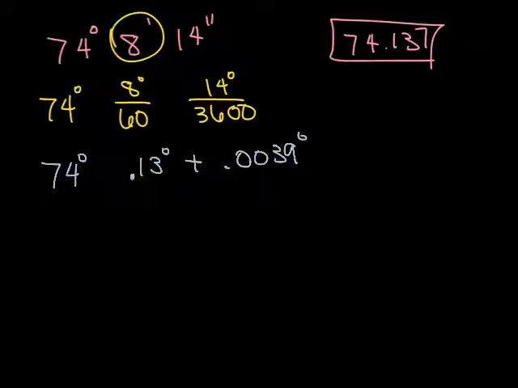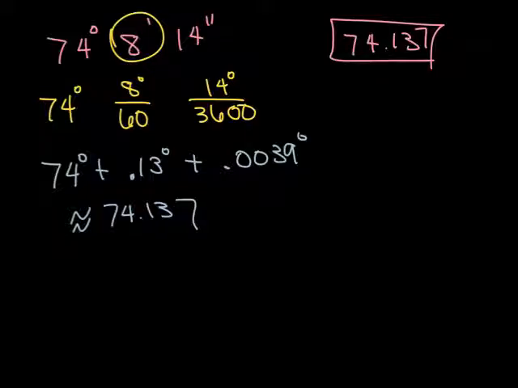And we add those all together. When we add those all together, we get 74.137. This little squiggly sign means approximately. It's close to, it's almost 74.137.